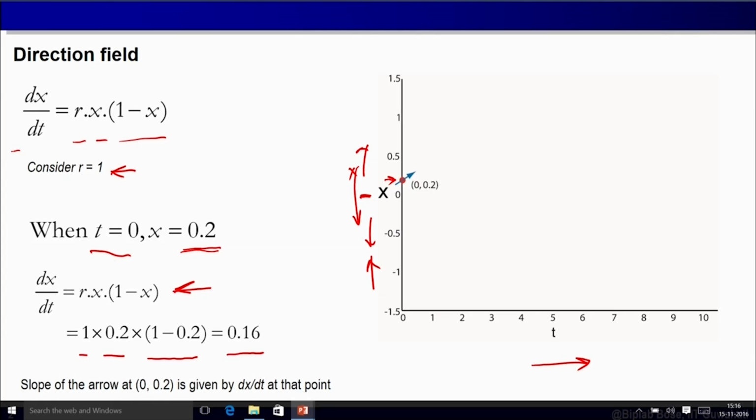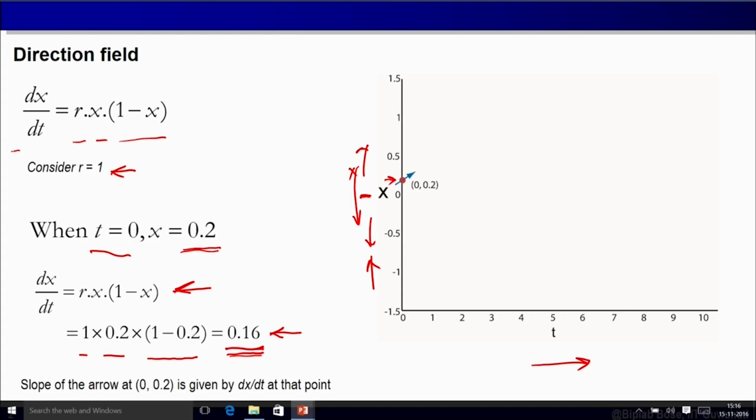Now at that red dot in my plot, let us draw a blue arrow that I have shown here, an arrow having a slope which is equal to dx dt. So here at that point dx dt is 0.16, that comes around a 9 to 10 degree angle. So put an arrow having an angle of 9 or 10 degrees based on this dx dt. And notice the arrowhead is pointing up because I have a positive value here.